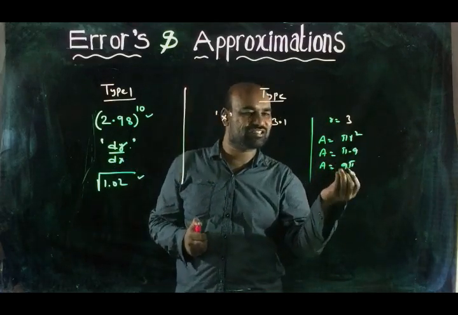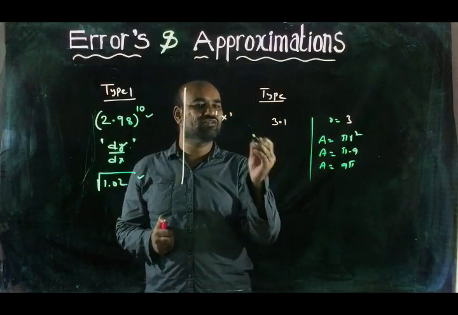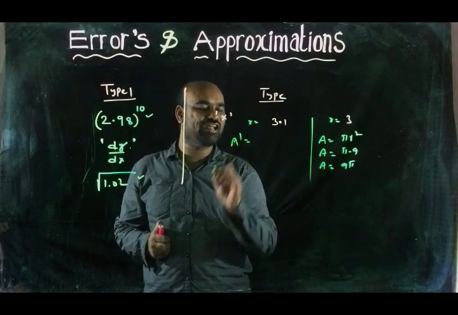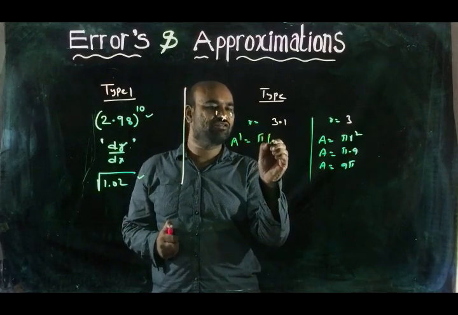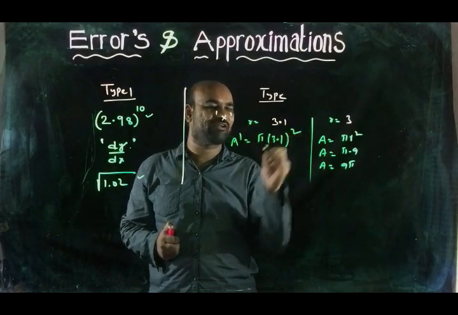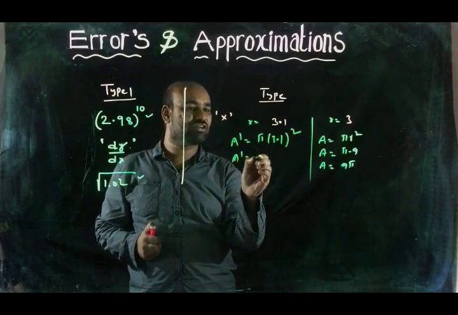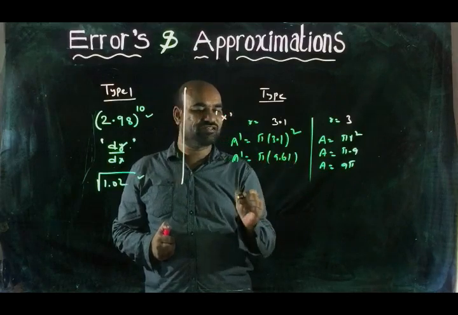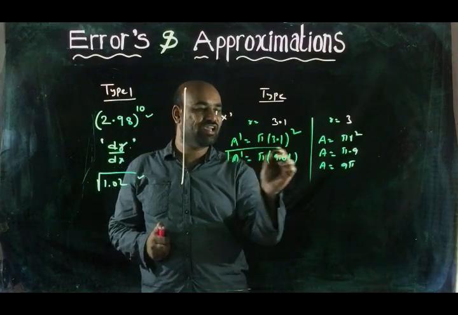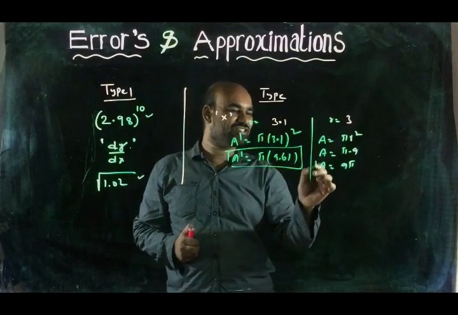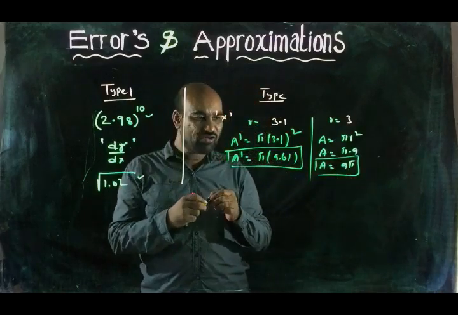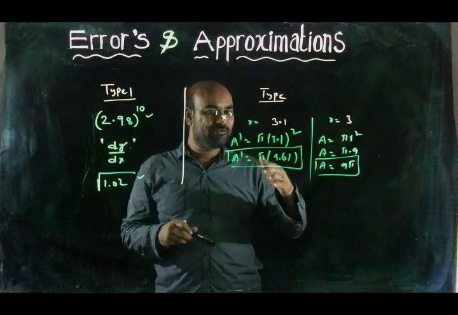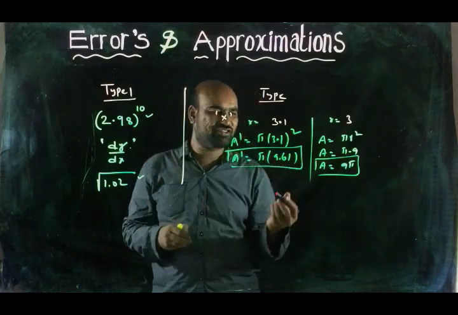This is the exact area. But what he took, the radius is taken as 3.1. In this case, area A dash equals pi into 3.1 square. So A dash is equal to pi into 9.61. Okay, this is the area he got. This is the actual area. So you want to find the error made while finding this.